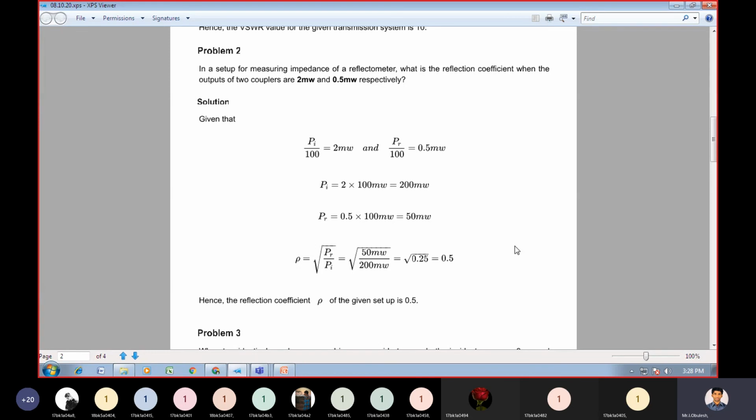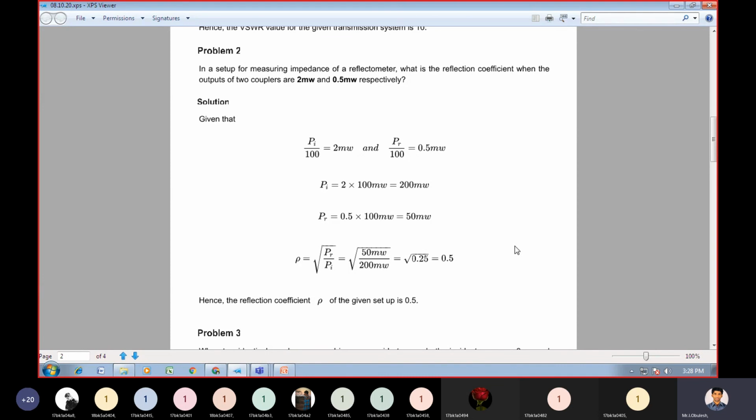What you need to find out from this? You need to find out the reflection coefficient. Rho is the reflection coefficient.